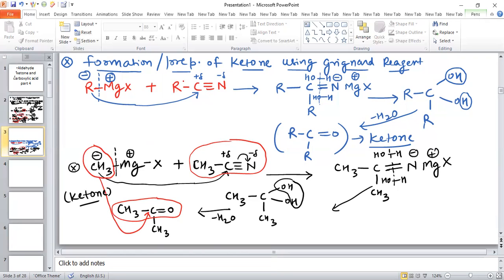Like there also, this is RCN. So RCN gets oxidized into RC double bond O, and this R gets attached on this carbon like this R.